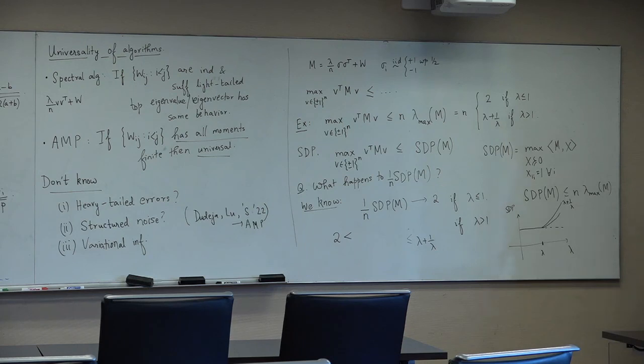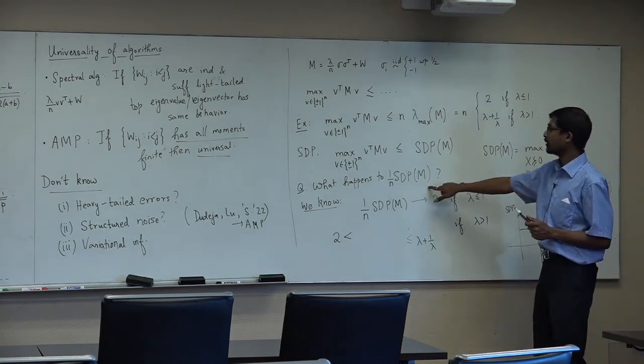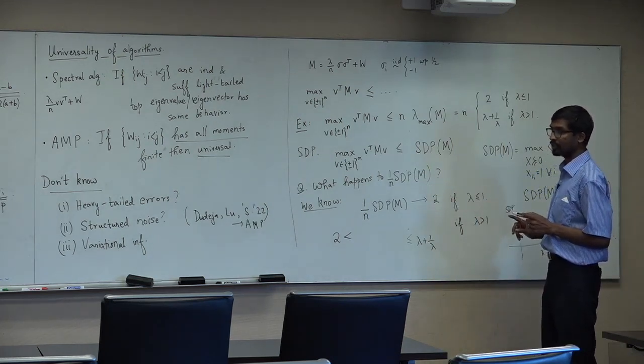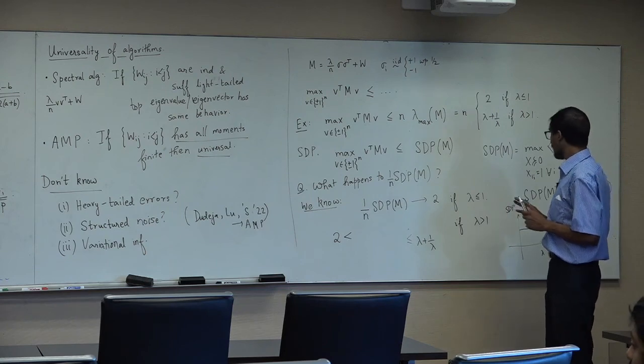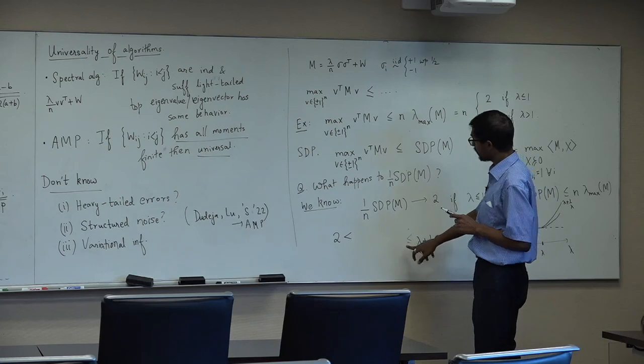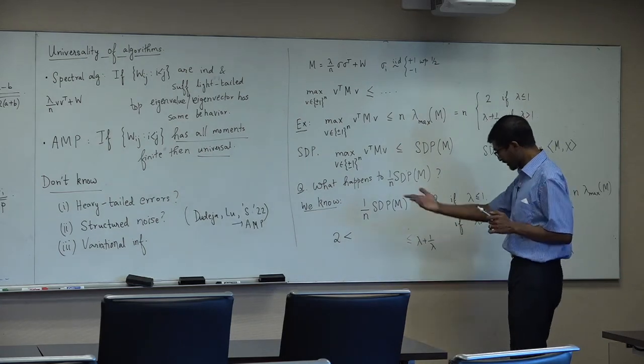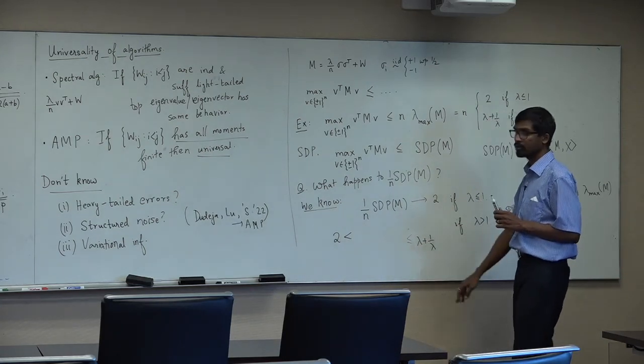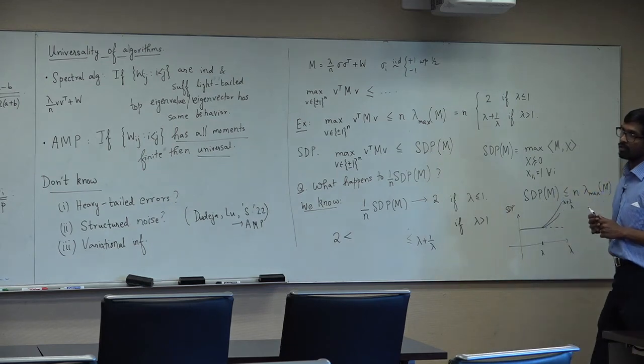So my question is, can we understand what the value of SDP of M is? You expect a gap there. But the precise question is, at least there's an upper bound. Is this upper bound a strict upper bound? Is this inequality a strict inequality, or is there potentially equality?